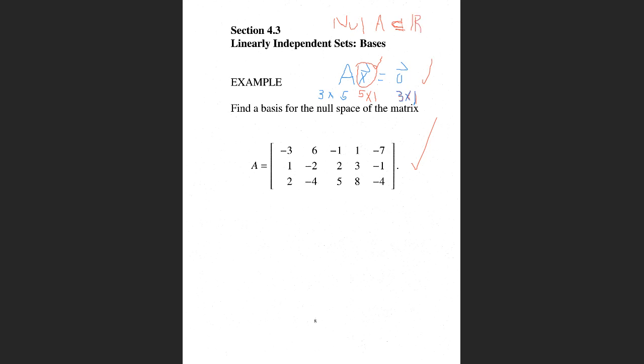The null space of A is a subspace of R what? R5. Good, Benjamin. Has to be, right? Because the solution vector X is going to determine our null space, and that is a 5 by 1 vector, so the null space has to be a subspace of R5.